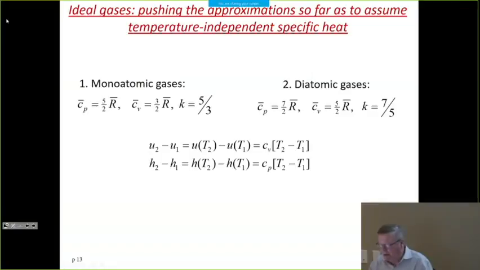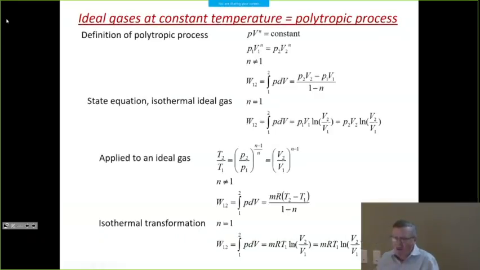It's temperature independent. That means that U2 minus U1, which is that integral, is actually Cv, which you can take out of the integral, times T2 minus T1. H2 minus H1 is Cp times T2 minus T1. You know everything. You can reconstruct everything as far as energies go from just knowing the temperatures and the nature of the gas, monoatomic or diatomic. All right, so this is quite practical.